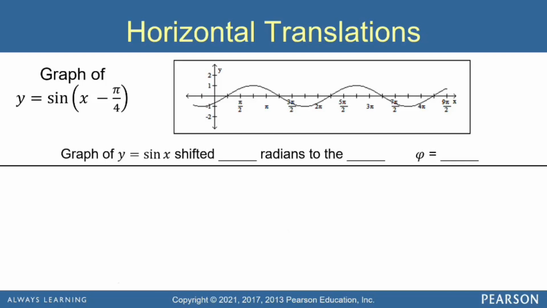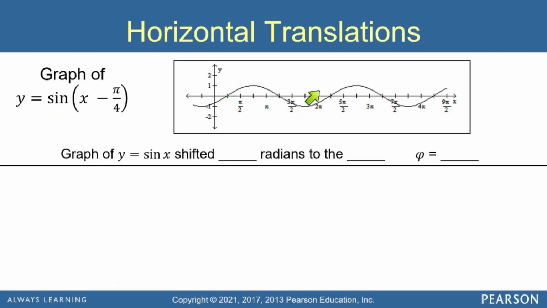So before we start drawing our own graphs with phase shift, let's look at a graph that involves a phase shift. So here we have the graph of y equals the sine of parentheses x minus pi over 4. Now because this is a sine function, we know that the pattern should be middle, high, middle, low, middle.